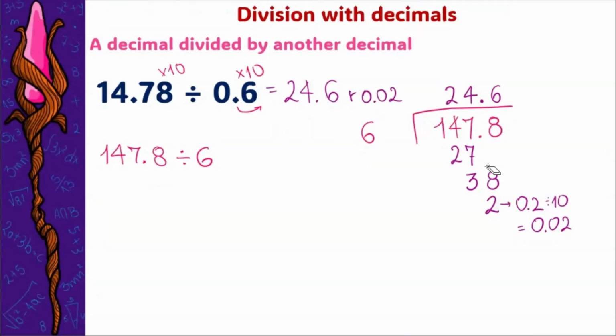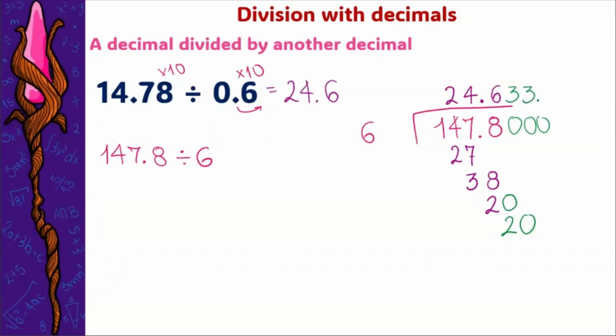Guys, if you don't need to work with the remainder, there's another thing that you could actually do. Remember, after the decimal point, we could put as many zeros as we want, right? So that means that we could also bring a zero down and keep going with the division. 6 times 3 is 18, and the remainder is 2. We bring down another zero and keep going.